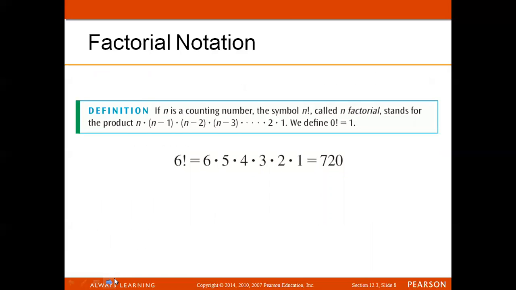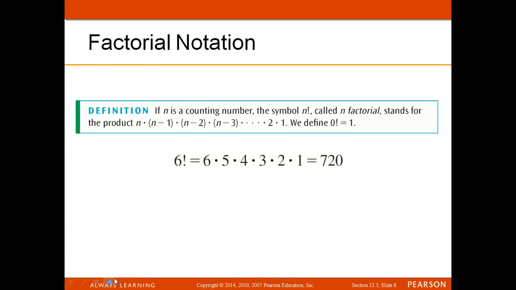Factorial notation: if n is a counting number, the symbol n!, called n factorial, stands for the product n times n minus 1 times n minus 2 times n minus 3 and so on, down to 2 times 1.